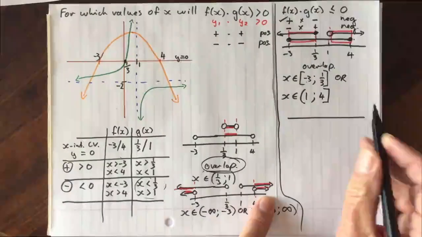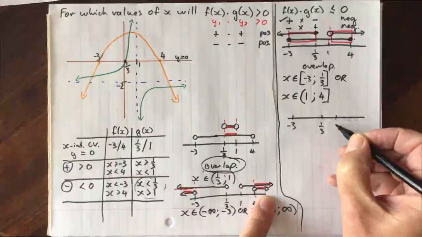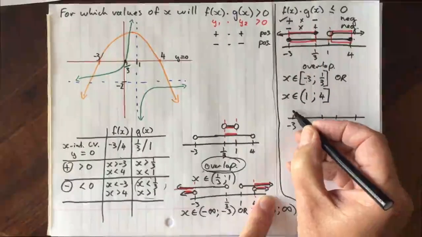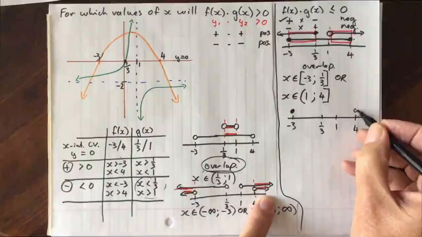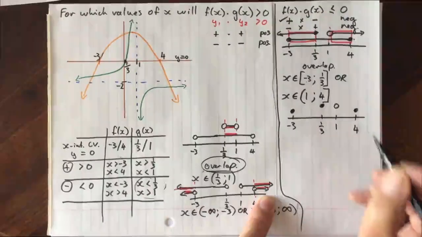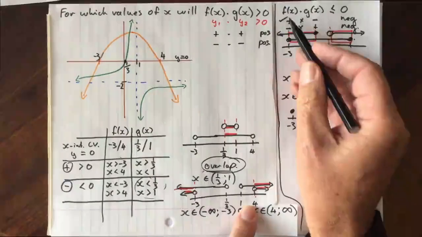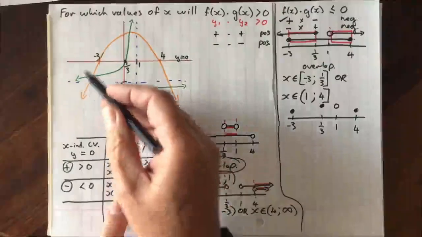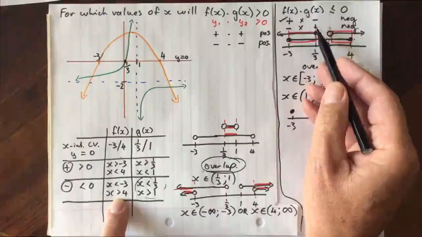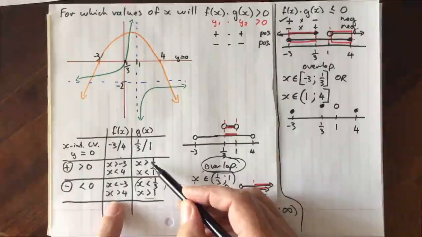So let's see. -3, third, 1, and 4, and still we're going to include the -3, include the 4, include the third, but we're not going to include the 1 for the same reason. f(x), the parabola, is negative over here, and g(x) is positive over there, so we're going to work with that region and that region over there.